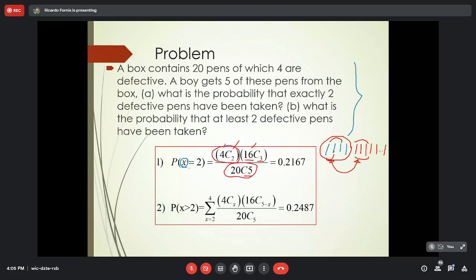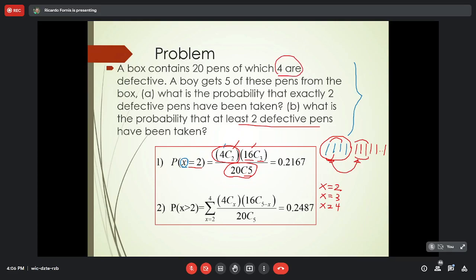Now, when you say at least two defective, meaning to say x equals 2, x equals 3, x equals 4. And x equals 5 is not possible because there are only 4 defective pens.